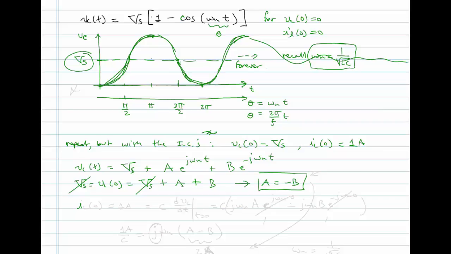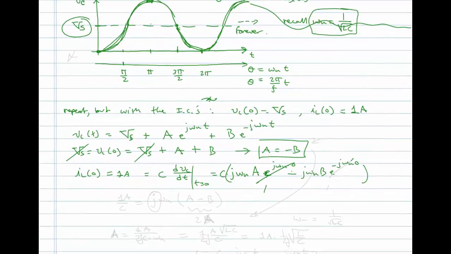Now we have to satisfy the initial current condition, which is equal to 1 amp. So remember how we got that. That was equal to C dVc dt, evaluated at time equal to 0, which we found previously was C times j omega n A e to the j omega n times 0, minus j omega n B e to the minus j omega n 0, right?